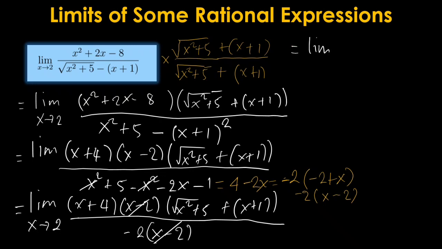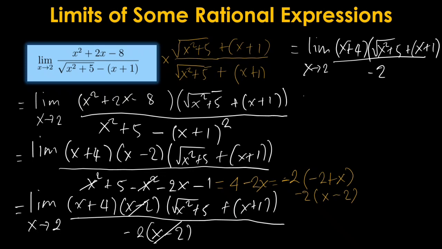We now copy the remaining factors. Our denominator is now negative 2. Our limit approaches 2. We can now evaluate this.